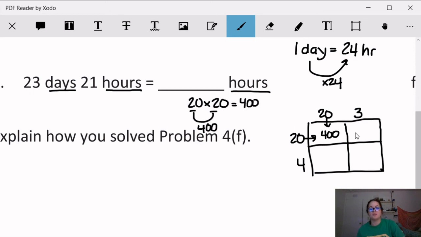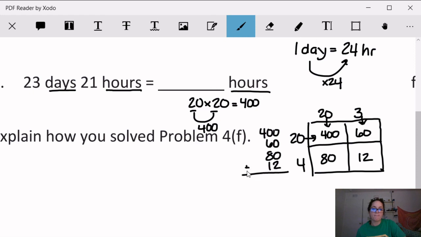And then 20 times 3 is 60. And then 20 times 4 is 80. And then 4 times 3 is 12. So I'm going to add up all of my partial products together. 60 plus 80 plus 12 is 152, and that gives us 552 hours.